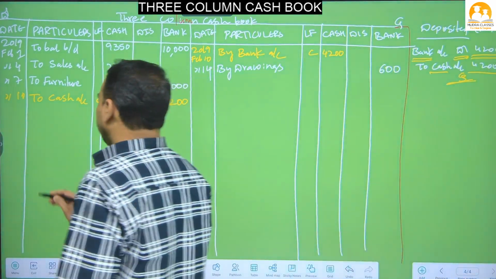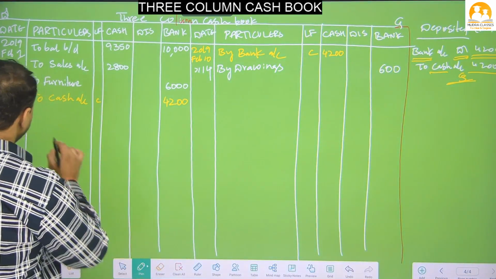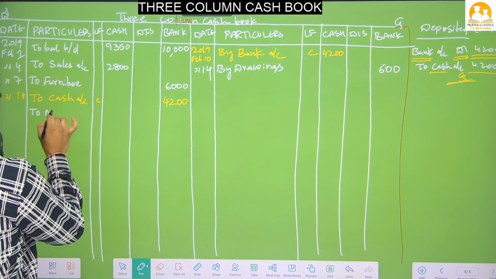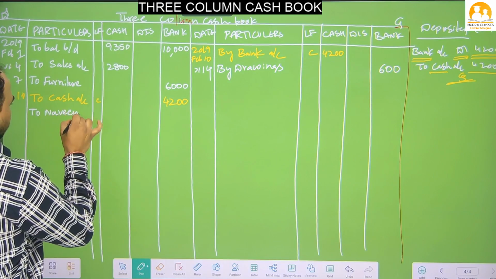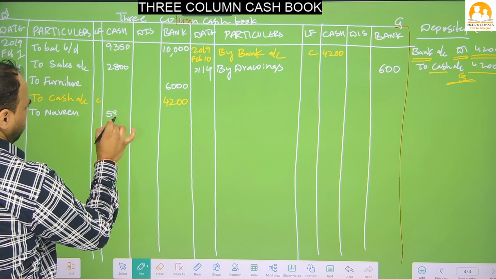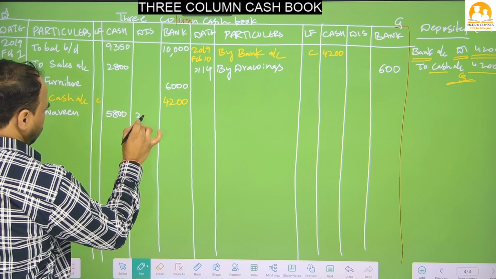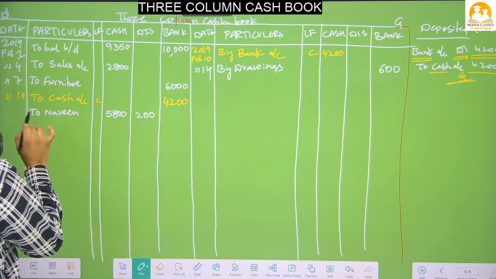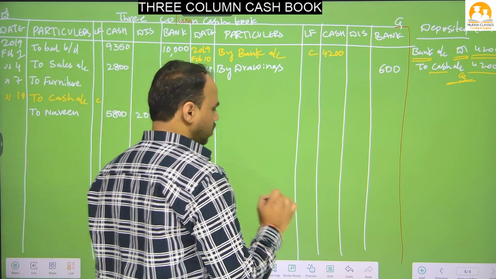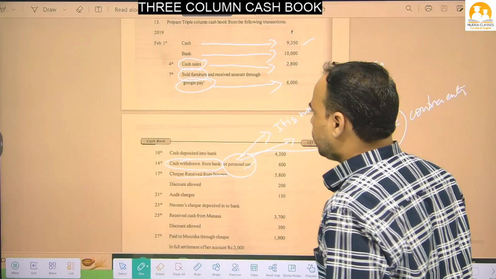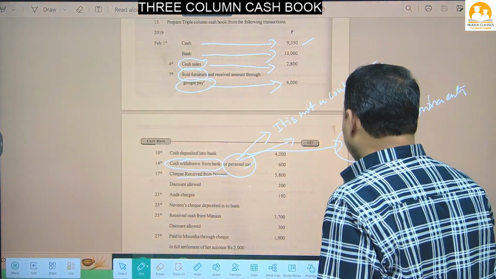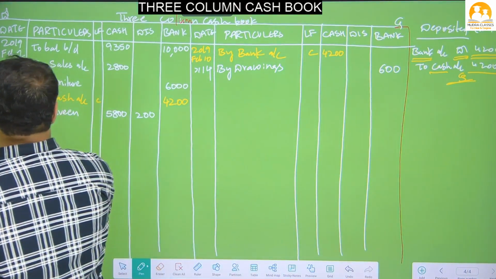Write the amount in the cash column because we did not deposit it on the same day. And the discount allowed, you also have to write 200. Date is 23rd, so write the 23rd date.